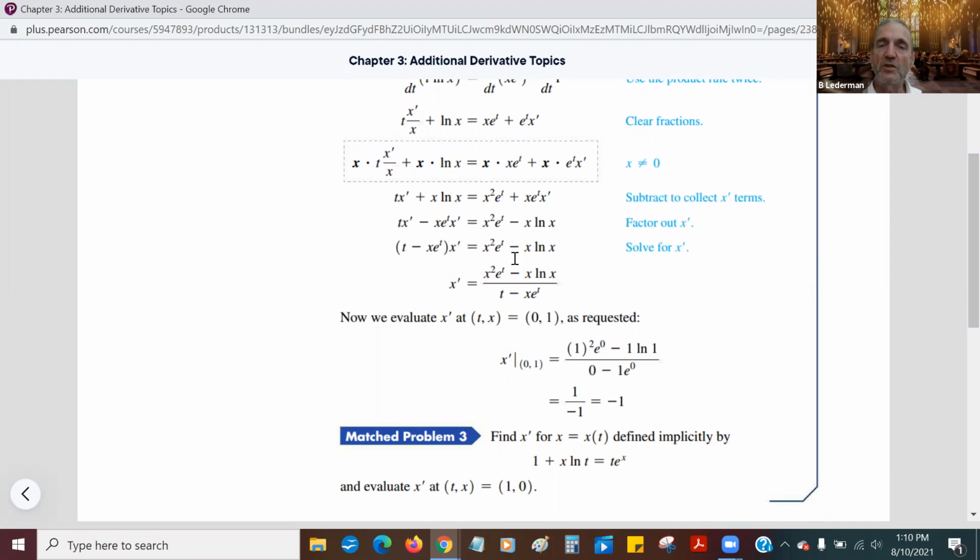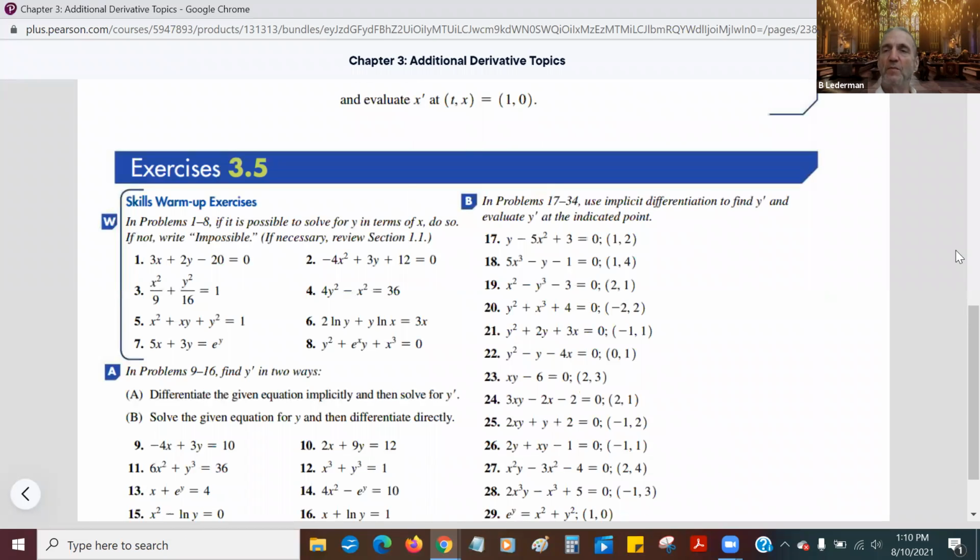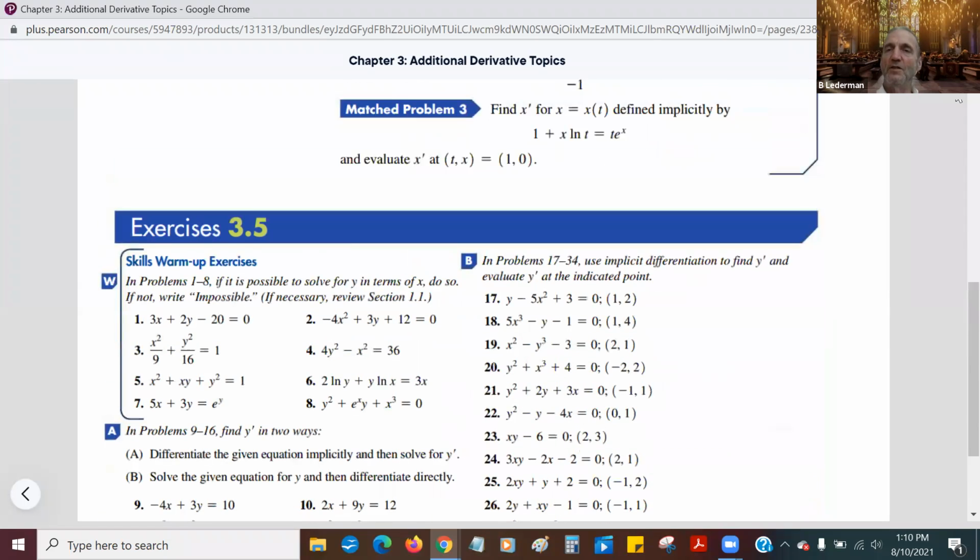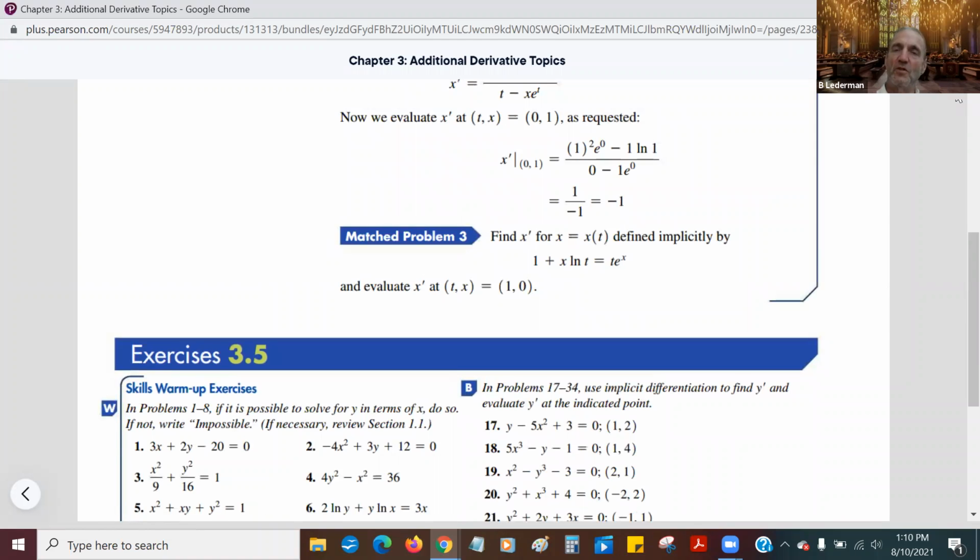So I just take this monstrosity and plug in 0 and 1 for t and x respectively, and I get 1 squared e to the 0 minus 1 ln 1 over 0 minus 1 e to the 0, which at the end of the day becomes -1. So this big giant monstrosity, once I plug in those numbers, gives a very simple answer of -1, and I love when you can whittle it down to something so small and tiny.